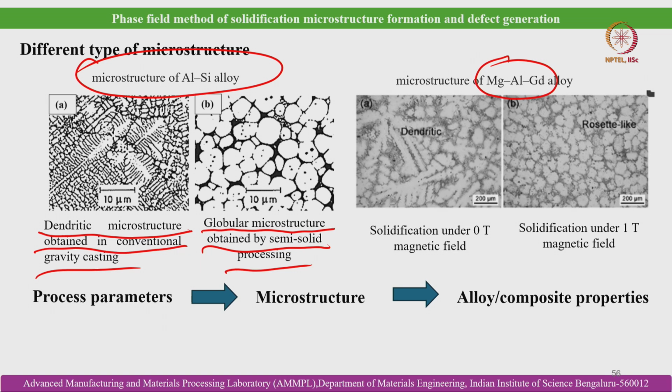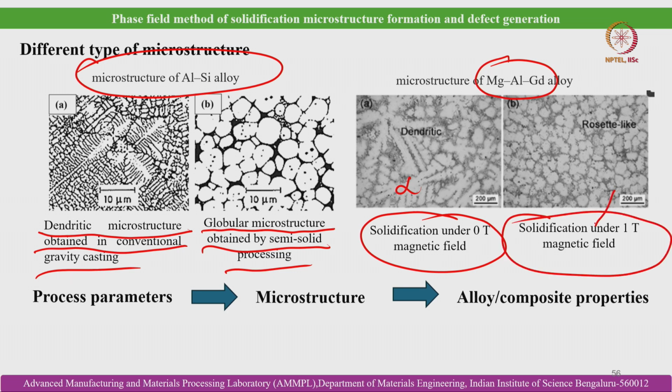You can see there again there is a two phase microstructure where the alpha grains are dendritic in nature in case of solidification under 0 T magnetic field, and when magnetic field assisted solidification is happening, then you can see that because of the fragmentation of the evolving dendrites, and also because of the promotion of heterogeneous nucleation, you can see a rosette like structure in the same magnesium alloy.